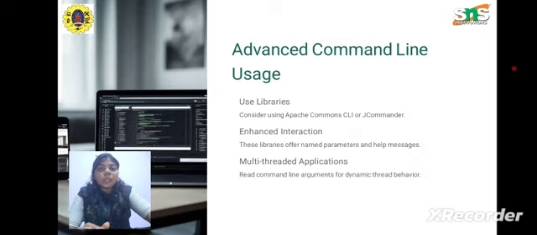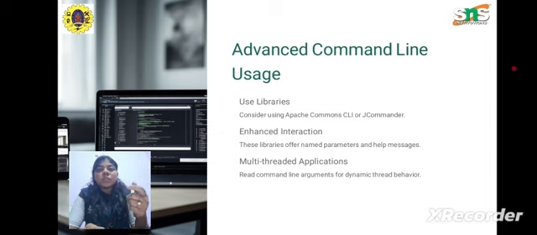Let's see some of the advanced usages of command line arguments. For more complex applications, handling command line arguments manually may get tricky. That's where libraries come in. Apache Commons CLI and JCommander are some of the popular Java libraries that provide better ways to handle arguments.